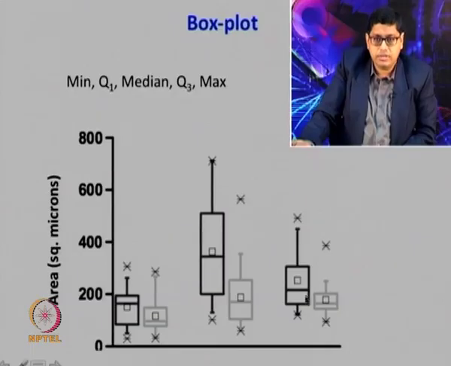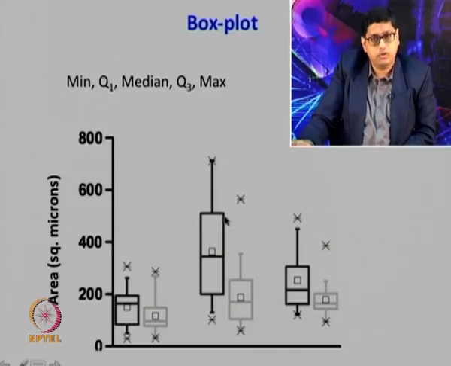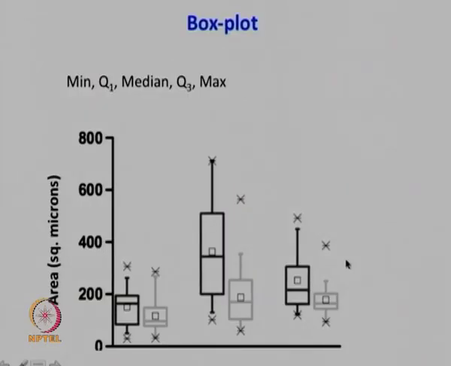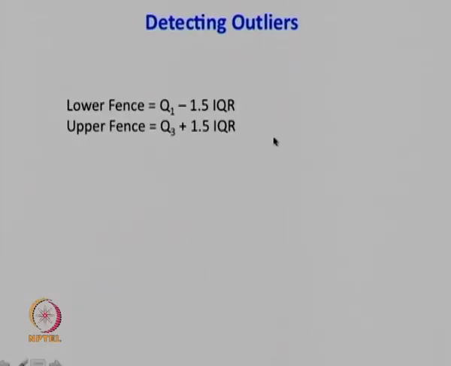When your population has no outlier, as in this case, your minimum and the error bar would converge. But in these other cases, these points are clear outliers which lie much outside the bulk of the data. So, that is how you can detect outliers: find your lower fence and upper fence, and then plot your box plot.